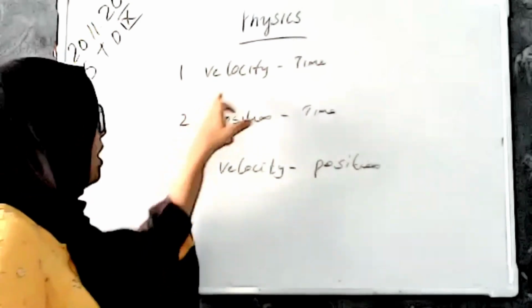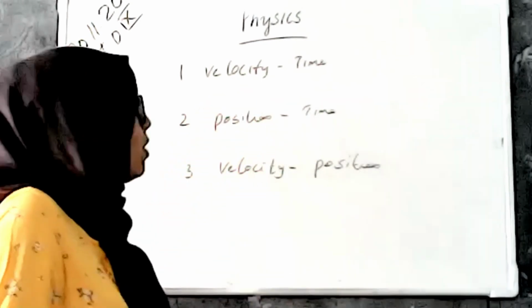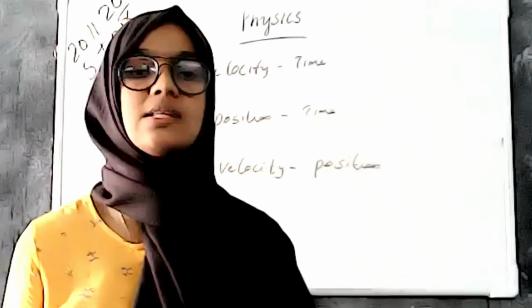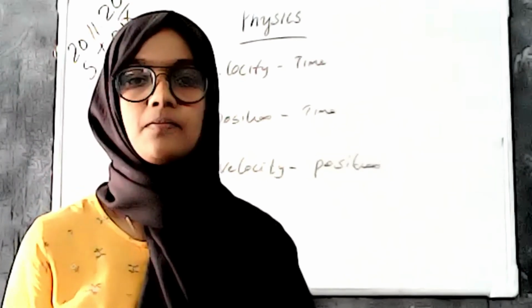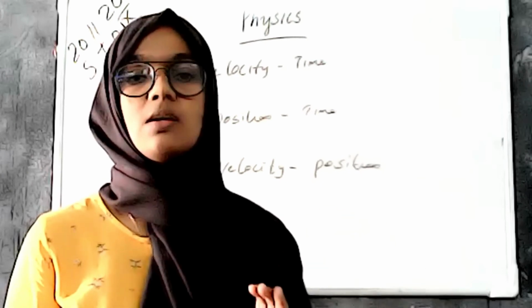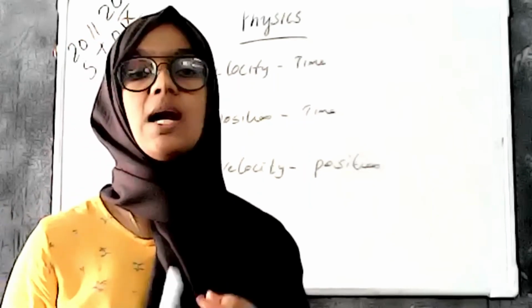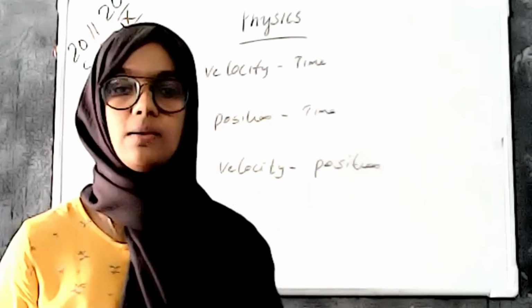Okay, the velocity-time relation, the position-time relation and the velocity-position relation are the three equations of motion, and they are connected to each other. All of these equations show the position, velocity and time of a moving body.